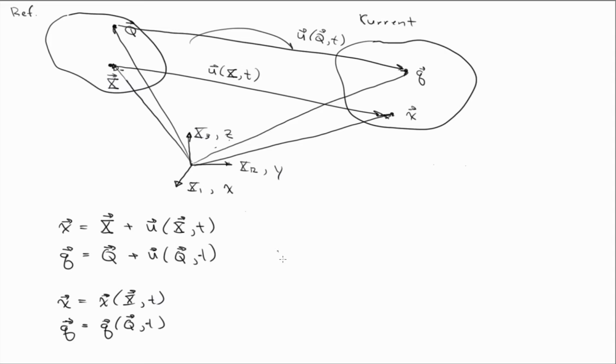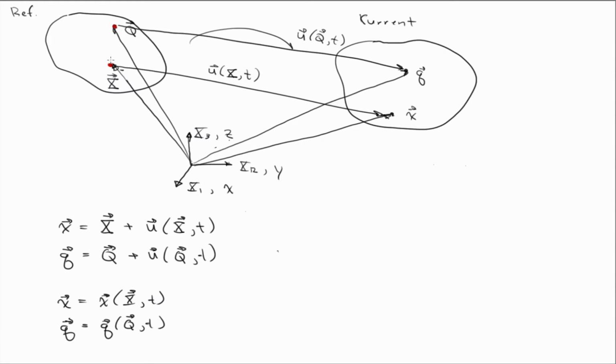So this is the sort of picture that we had at the end of last time, and really I did nothing but draw vectors, right? I chose a point that can be referenced with the vector x in a reference configuration, and I chose a point Q in the reference configuration.